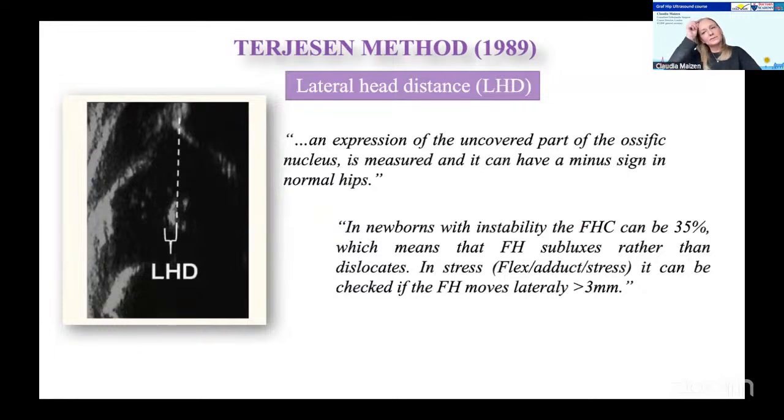The Terjesen method also has an instability test where the hip is adducted and pushed in a similar way as in the Barlow maneuver. Of note is that with this method, in a newborn, the femoral head coverage can be 35% or less with these flexion-adduction stress views. What is checked is if the femoral head moves laterally by more than 3 millimeters.